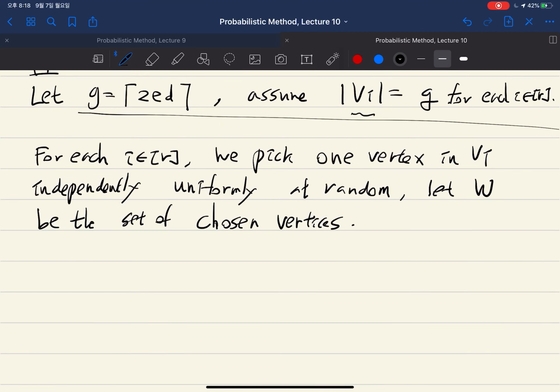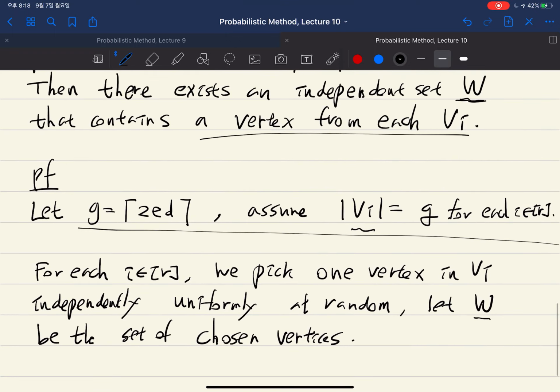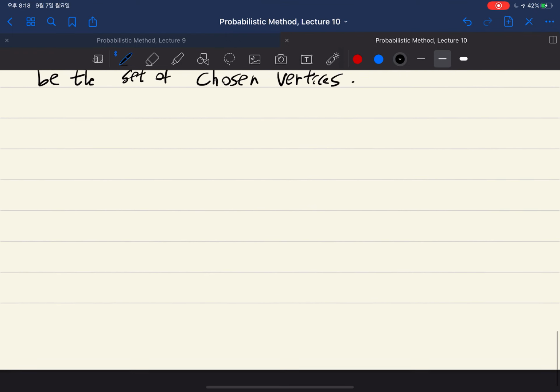Now we show that with positive probability, W is actually an independent set. Then that shows that there exists a choice of W which is an independent set and intersects each Vi.